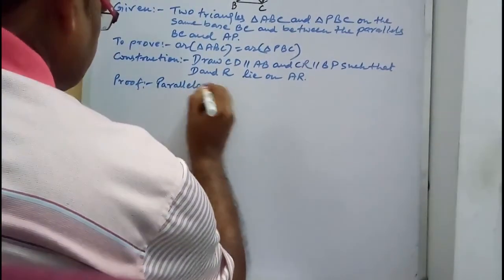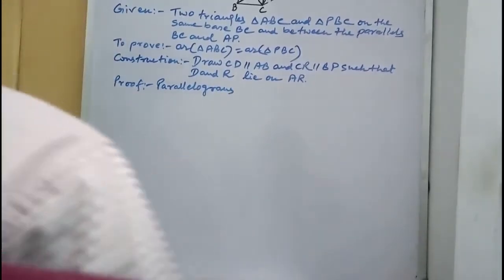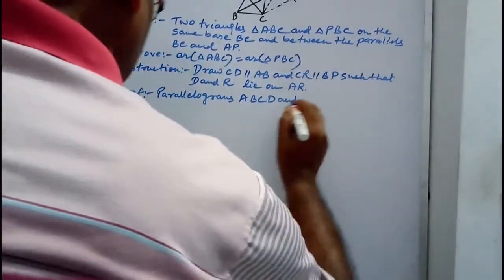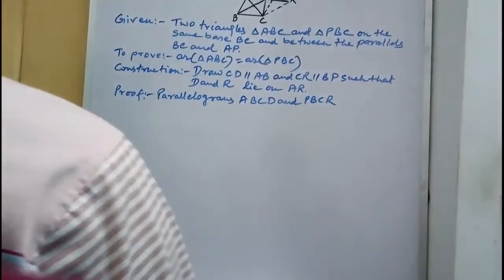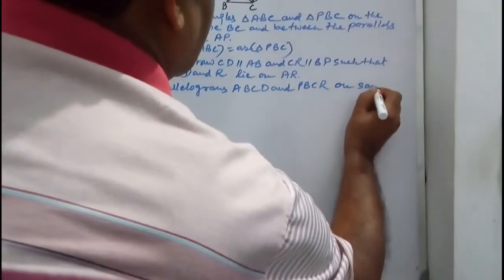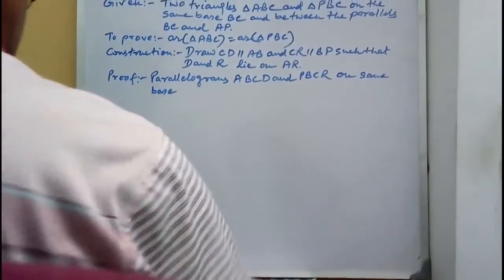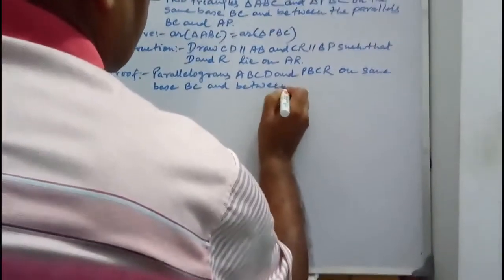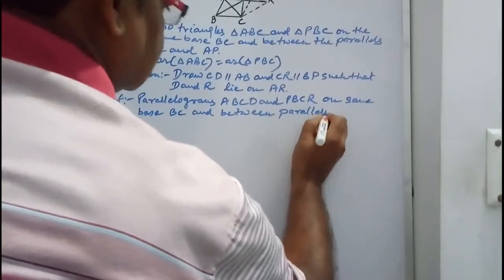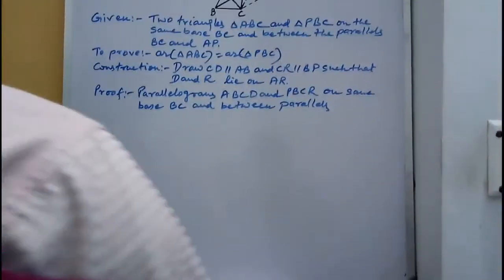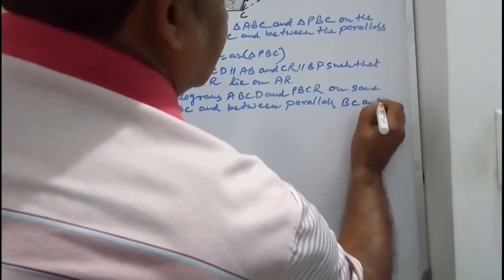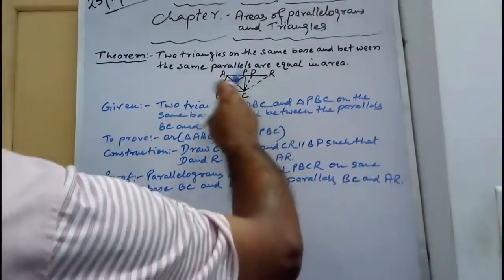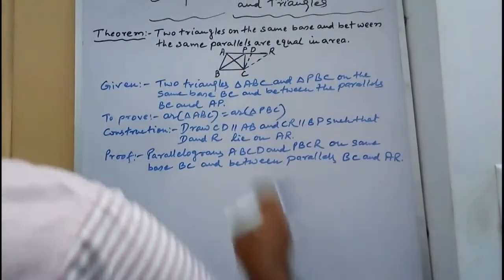Parallelograms ABCD and PBCR are on same base BC and between parallels BC and AR.